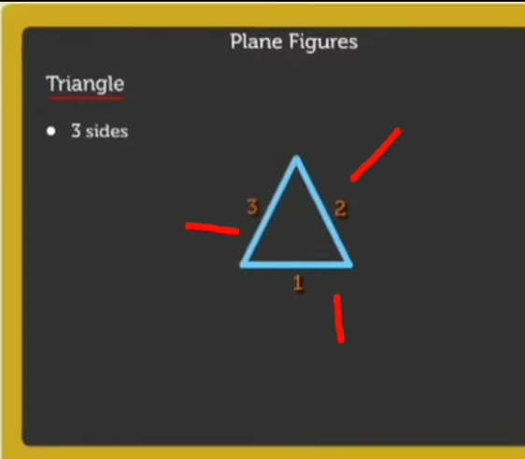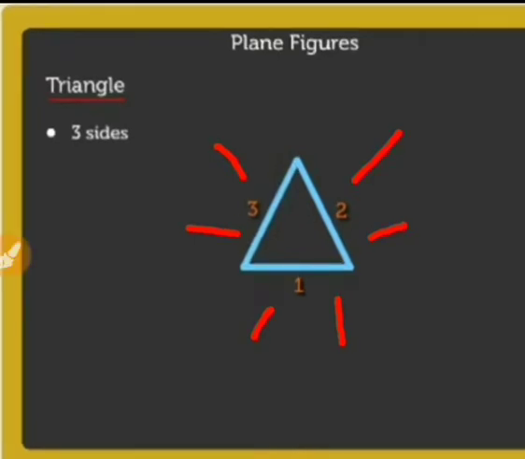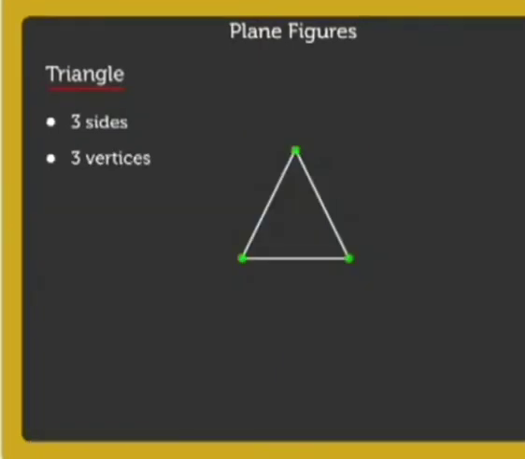So these line segments make how many sides, children? 3 sides. 1, 2 and 3. So a triangle has 3 sides and it has 3 corners.